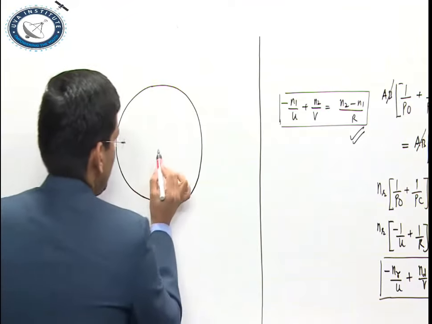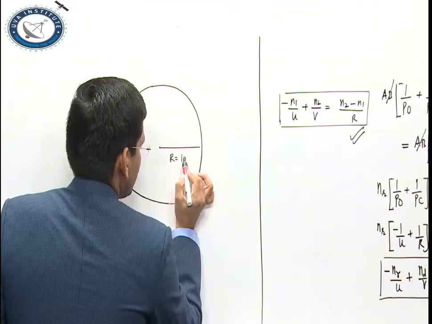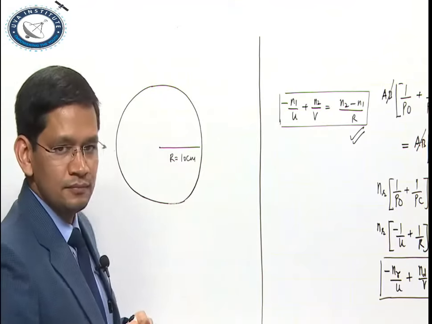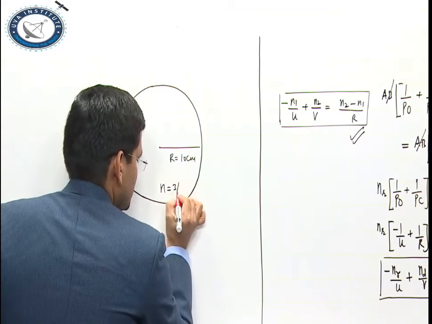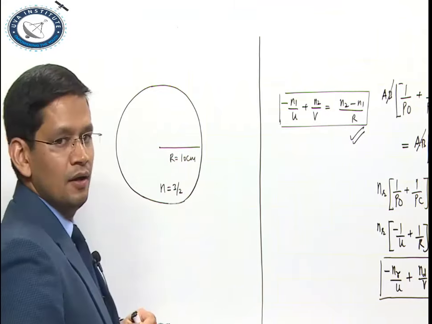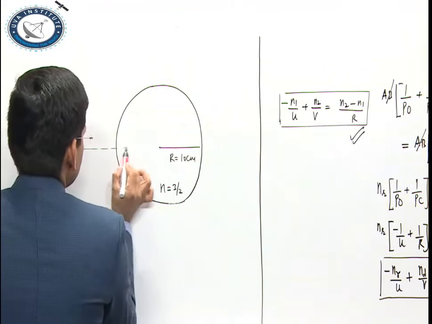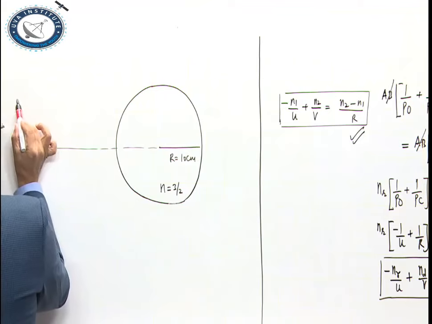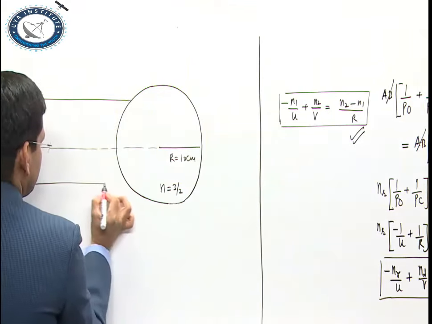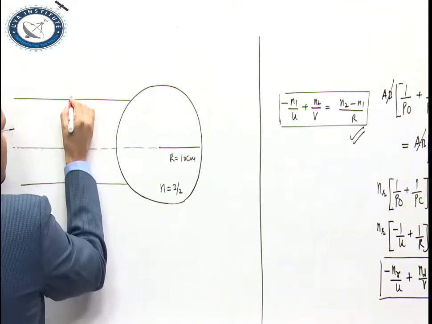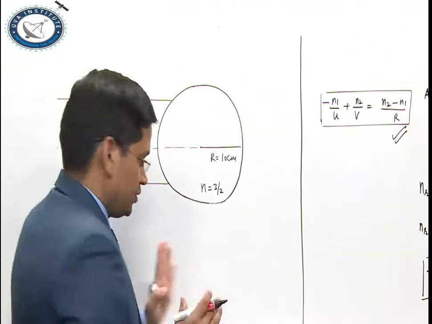Let's say this glass sphere has a radius of 10 centimeters, and the refractive index of this glass is 3 by 2. A light ray is hitting the glass parallelly, something like this. So we want to know where the final image is.